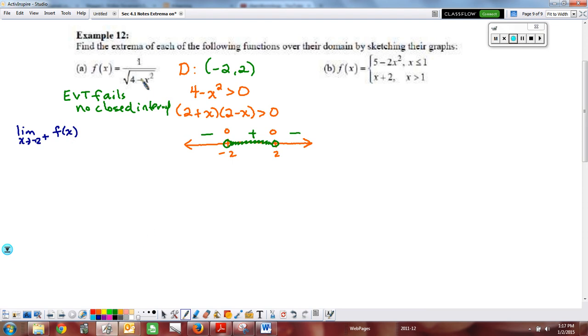When we're doing this limit, if I were to test this by doing direct substitution, I would end up with a number 1 divided by 0. Remember that that's a characteristic that we have a vertical asymptote. So really all we need to do is determine whether it's going to infinity or negative infinity.